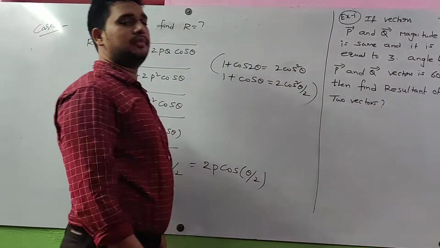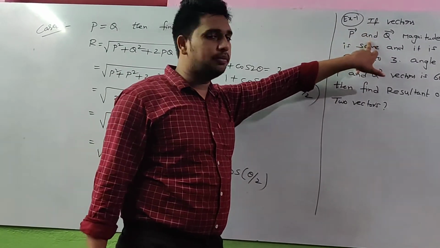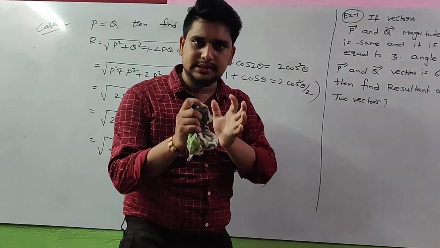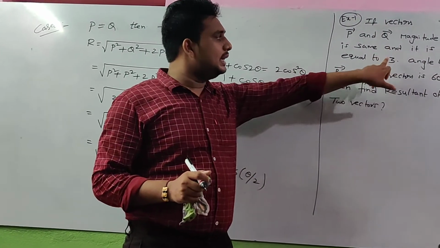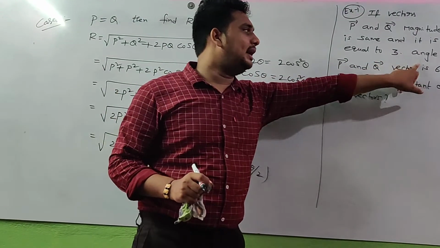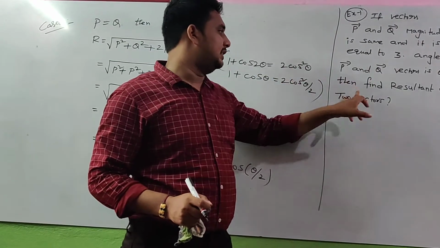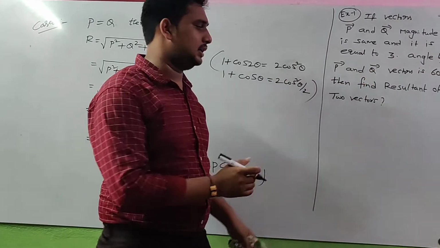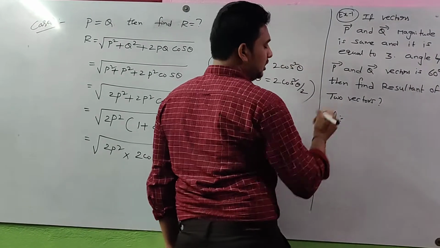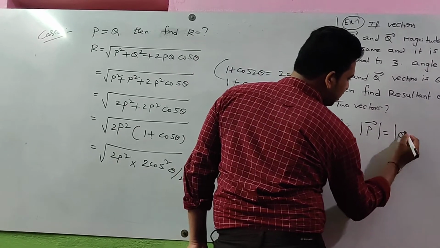This is the question. Observe carefully. If the vectors P bar and Q bar have the same magnitude, equal to 3, and the angle between them is 60 degrees, then find the resultant of the two vectors. How to find the solution? The magnitude of P bar is equal to the magnitude of Q bar.